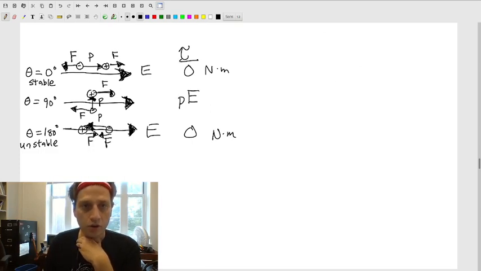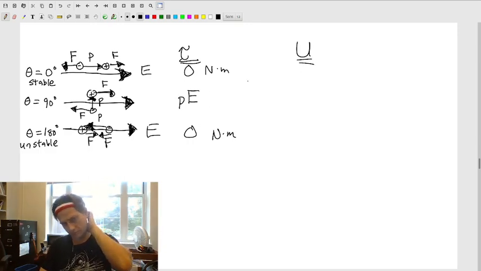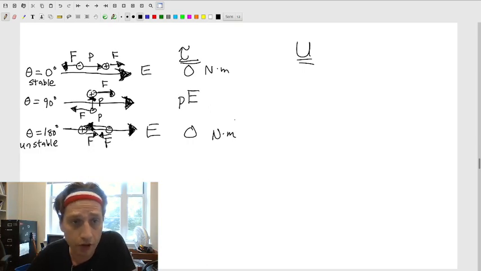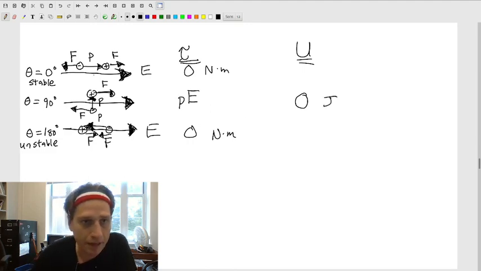So there's our torques. Now, what about the energy, the potential energy? Now, you may or may not know this, but physicists cannot measure energy. We can measure differences in energy, but not energy. And so I'm going to put this as 0 joules, but that doesn't mean much.